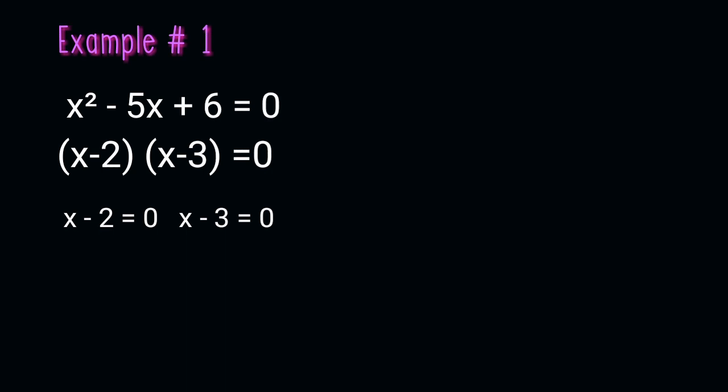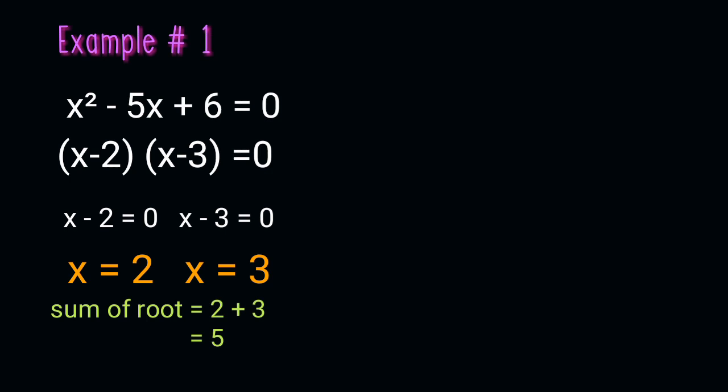By solving the resulting equations, you have x is equal to 2 and x is equal to 3. It means your roots are 2 and 3, and the sum of the roots is 5, while the product of the roots is equal to 6.